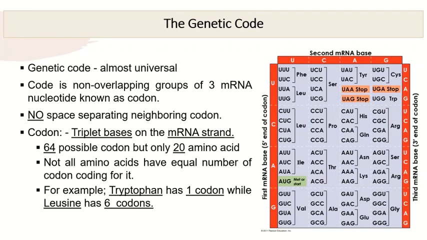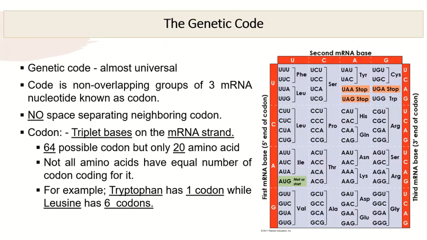Tryptophan, or simply TRP, has just one codon, which is UGG. Leucine has 6 codons, which are UUA, UUG, CUU, CUC, CUA, and CUG.